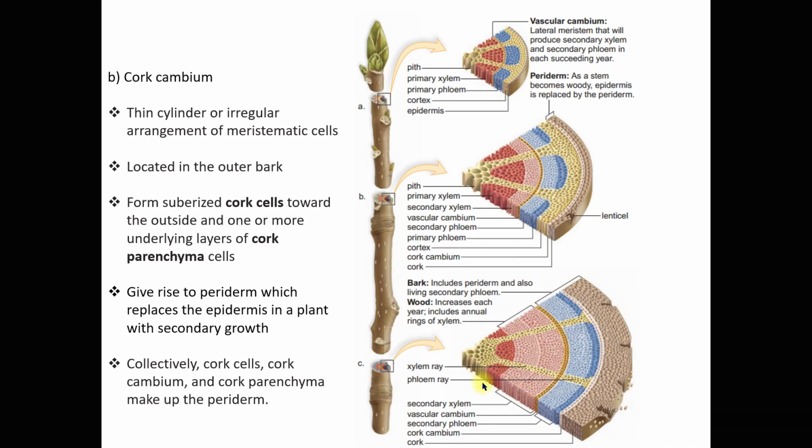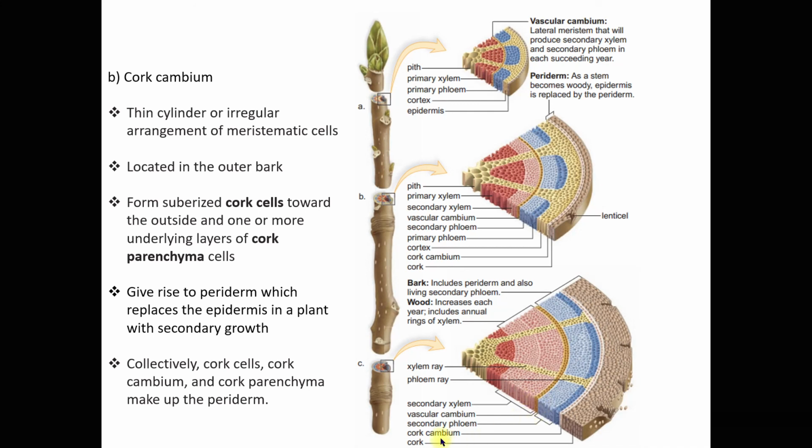This is the primary xylem, and this is the primary phloem. More cells are added to the primary phloem to form the secondary phloem by the vascular cambium. The same goes for the primary xylem, the formation of the secondary xylem is from the addition of cells from the vascular cambium.